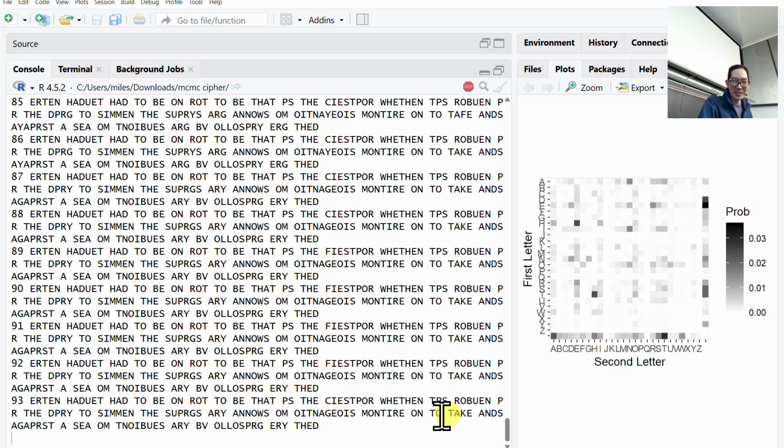Do we have a sense of what this could be? All right, it says Ayrton had duet had to be on rot to be that s the siest por weven TPS robuen.